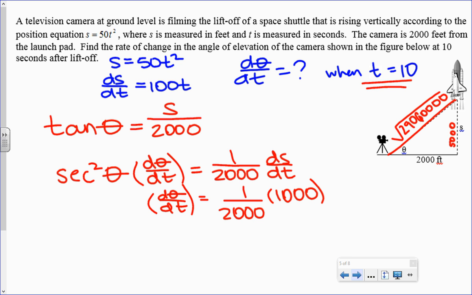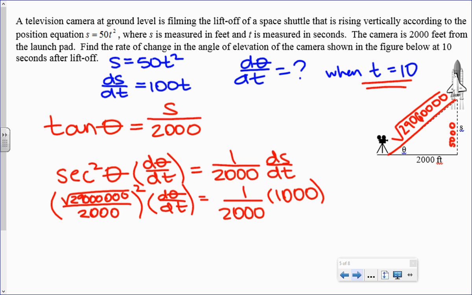So, like Joe said, yes, you can use your calculator and figure out the radian value of theta to find secant squared theta. Or we know that the secant relationship is hypotenuse over adjacent. So secant squared is just hypotenuse over adjacent, squared. Now we're using our calculators.